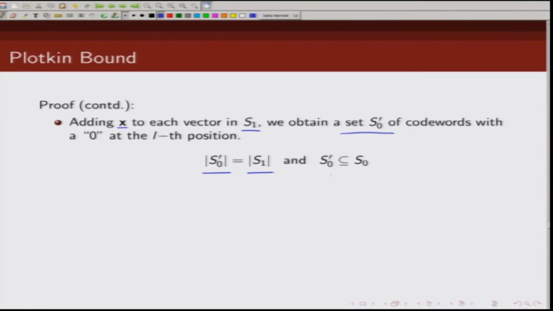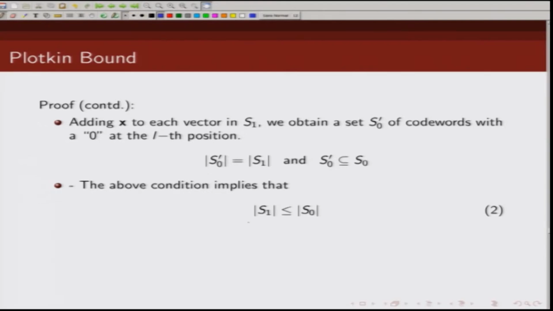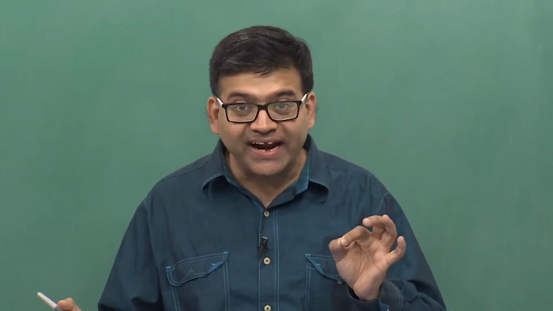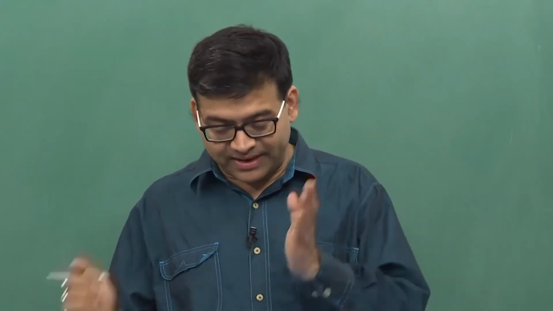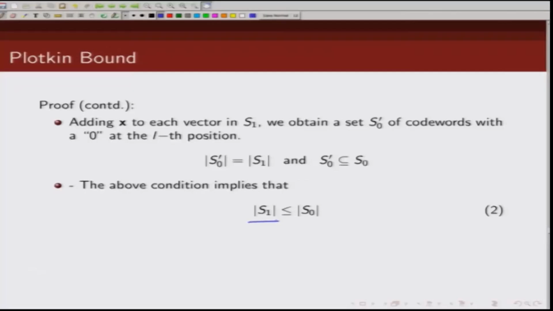Of course, this S0 prime will be a subset of S0, the set which has 0 at the lth location. So, from this we can conclude that the number of code words which have 1 at the lth location is less than or equal to the number of code words which have 0 at the lth location.